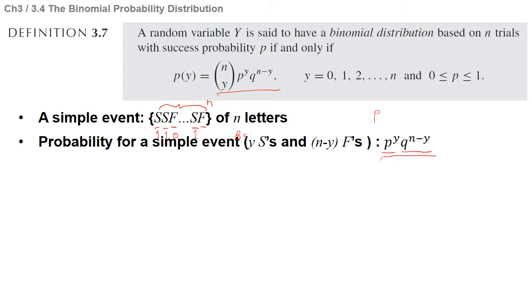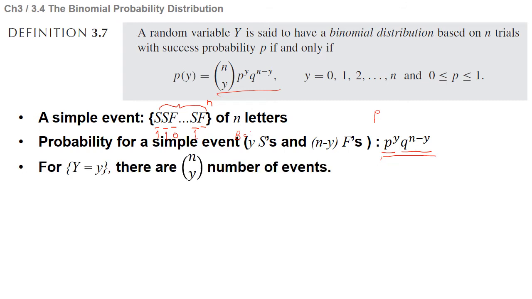For Y equals y, there are n choose y such events, since we have n positions and are choosing y positions for success.